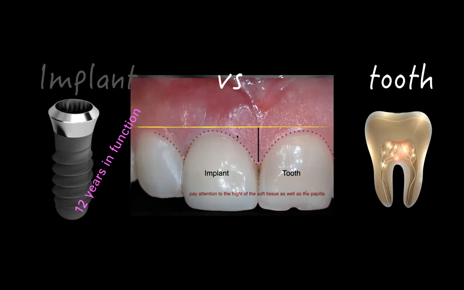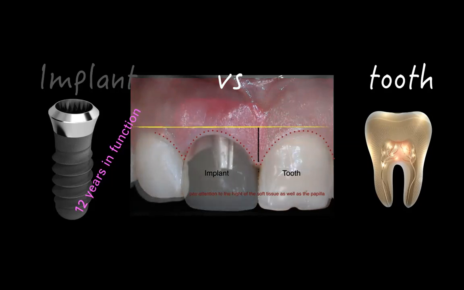The texture is slightly different around the implant than the natural dentition, but ultimately, I'm now focusing and trying to go ahead and find a difference between these two, but it's pretty good. Okay, so as long as we create that, and going back to the last slide where we talked about the papilla and the supracrestal fibers, okay, if you keep this guy away enough, this papilla will follow the natural dentition.